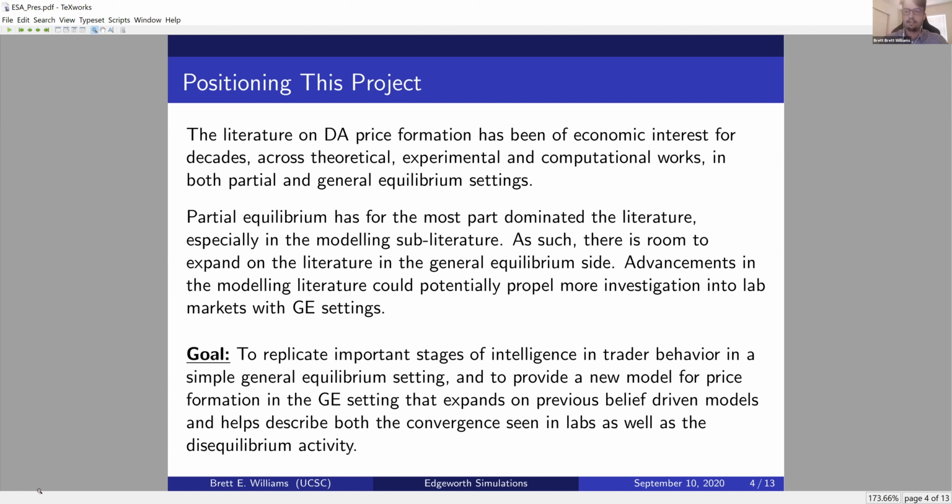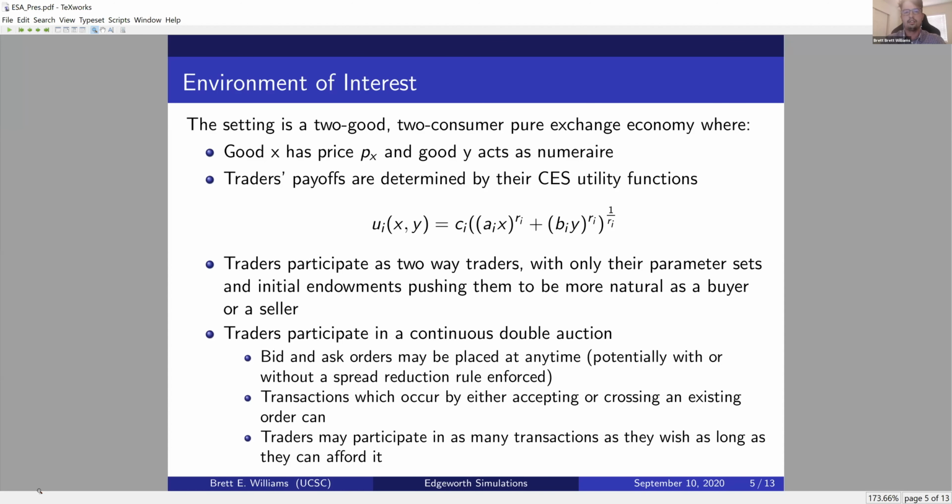Right, subjects taking trades that they shouldn't be taking, and so on. So starting with the environment, explaining that a little bit more, I'll be looking at a two good, two consumer pure exchange economy. Good X is going to have price X, and good Y is going to act as a numeraire.